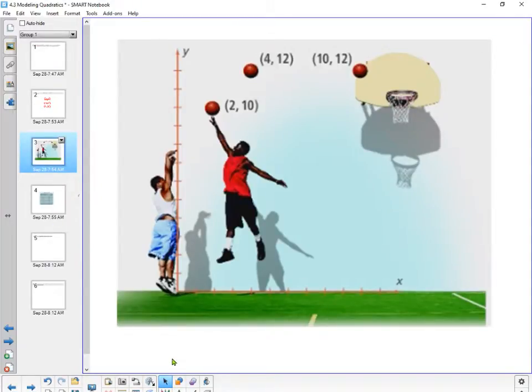Here's a basketball player. You might want it. Find me the equation to this bad boy. The route of his basketball.